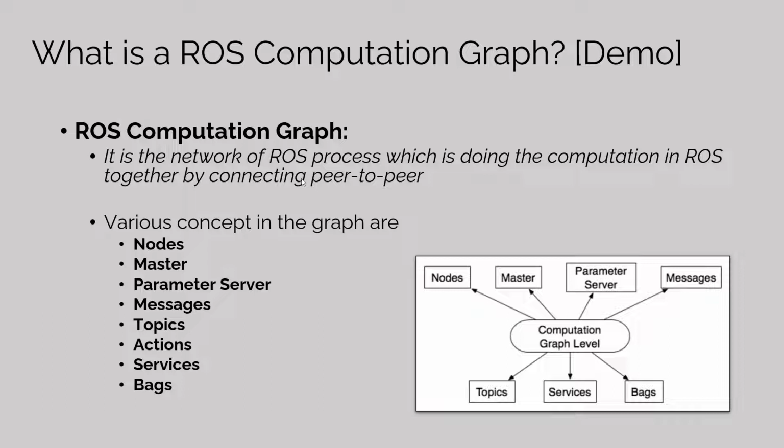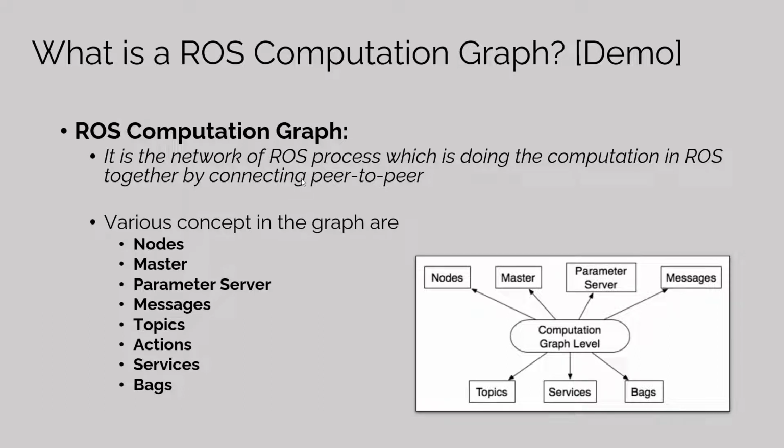And then I didn't talk about the parameter server. The parameter server is actually a program, and in that program we can store variables. Imagine you have two ROS nodes, and these two nodes have to store some value globally, and that value has to be shared by multiple nodes.